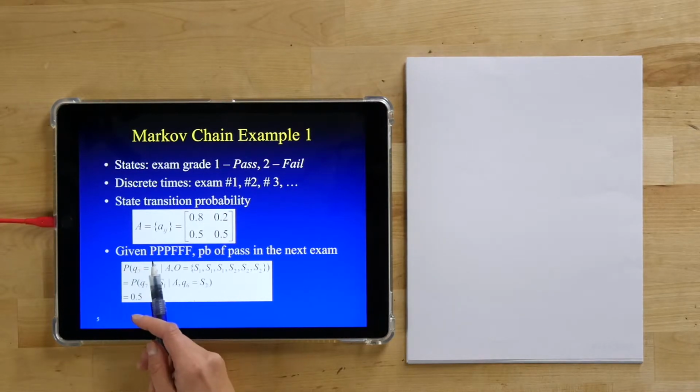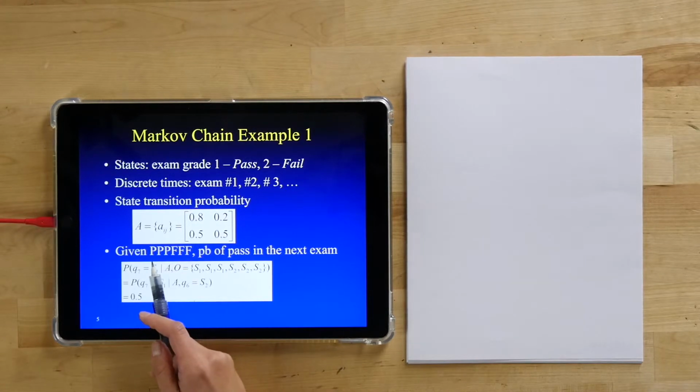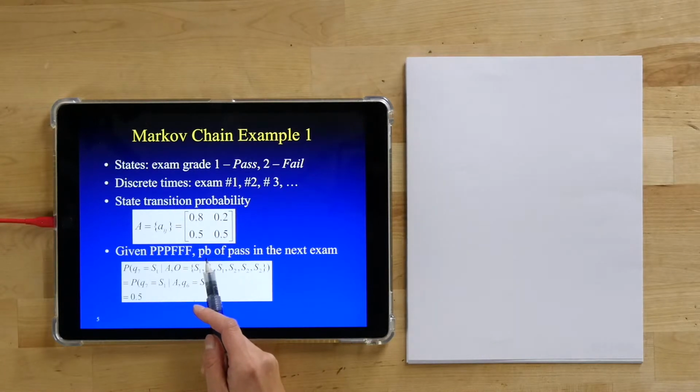Given some student has taken 6 exams, say, this semester, and their grades are pass, pass, pass, fail, fail, fail. What is the probability that in the next exam the student will pass?